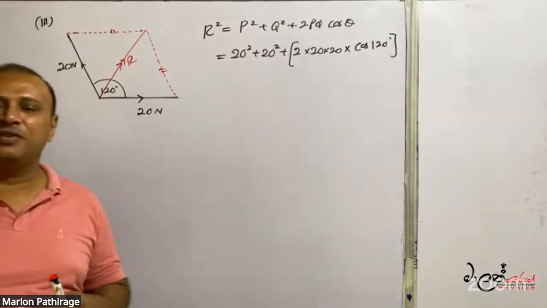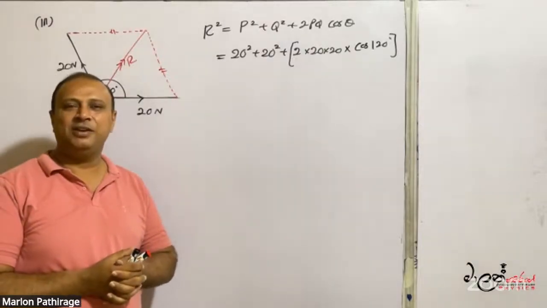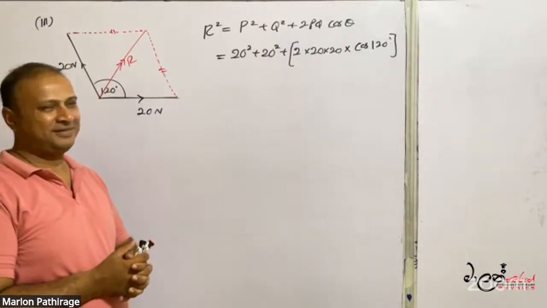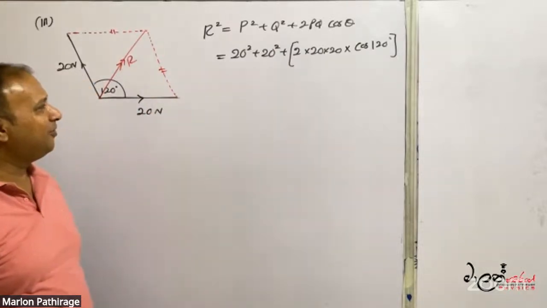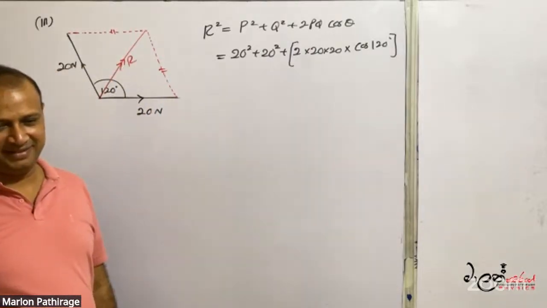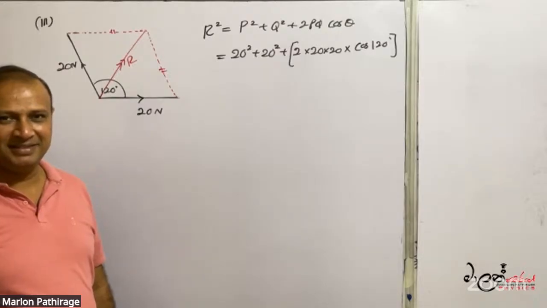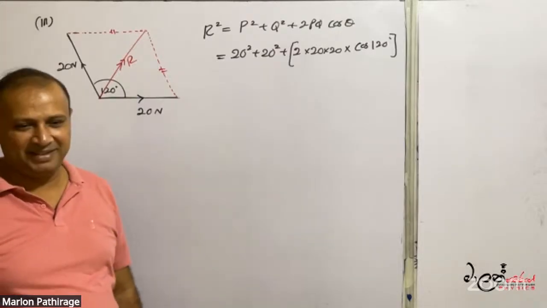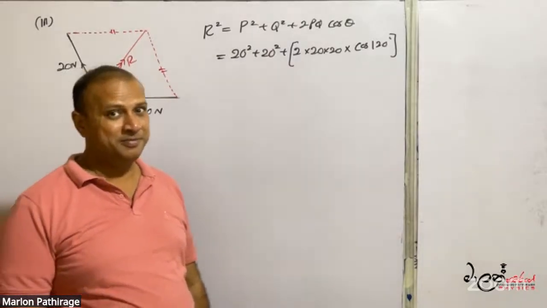So what is the value of cos 120? How to get the value of cos 120?